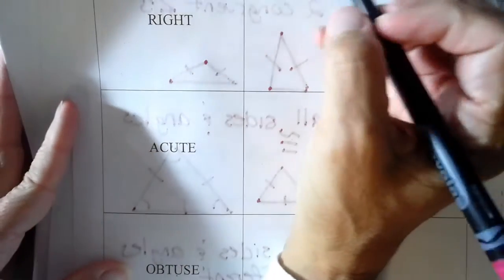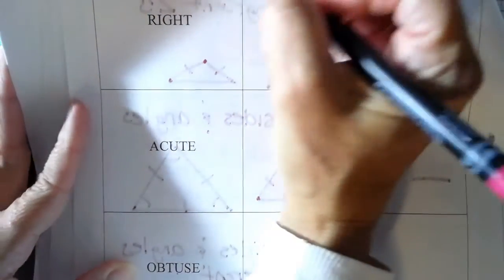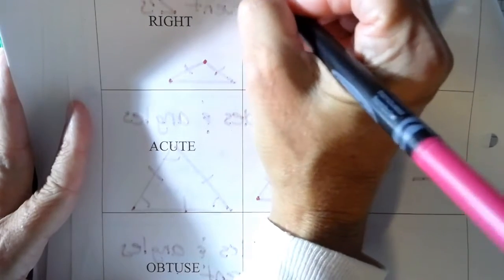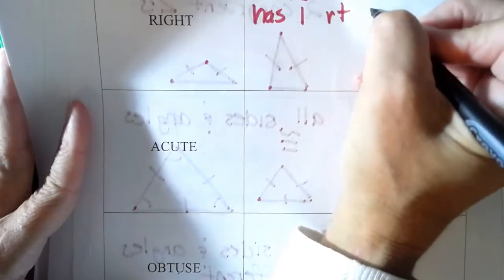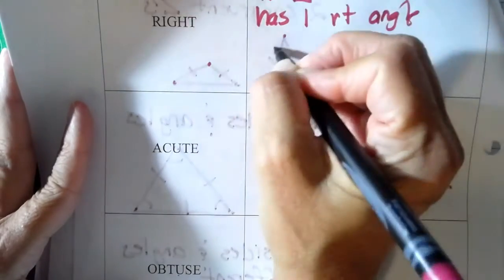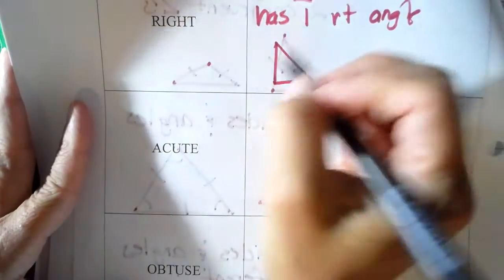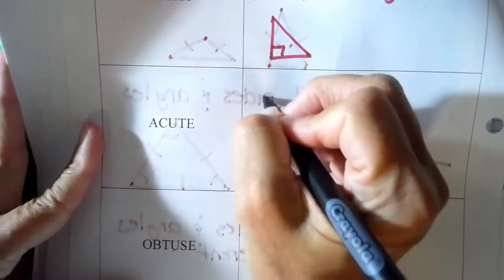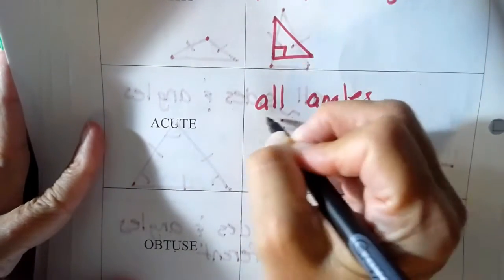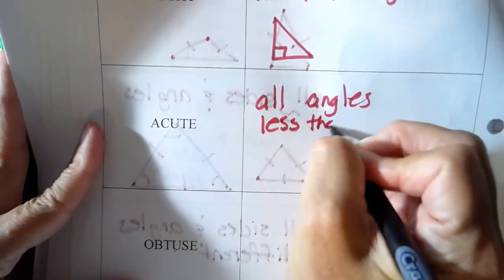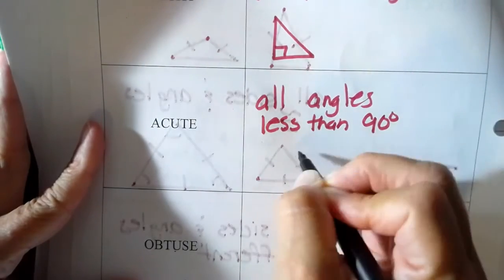Okay, so you should know that a right triangle has one right angle. An acute triangle has all angles less than 90 degrees.